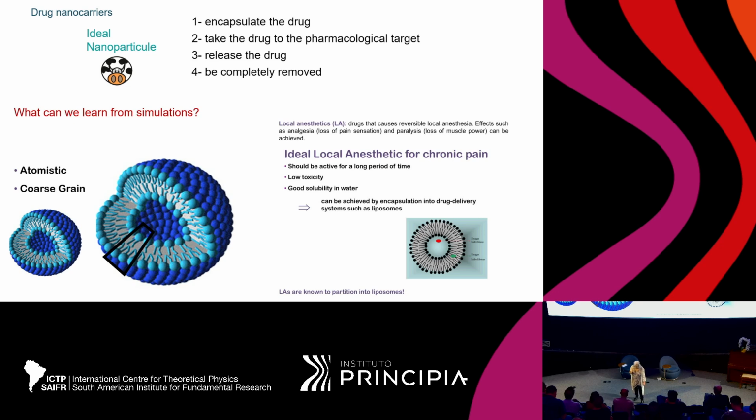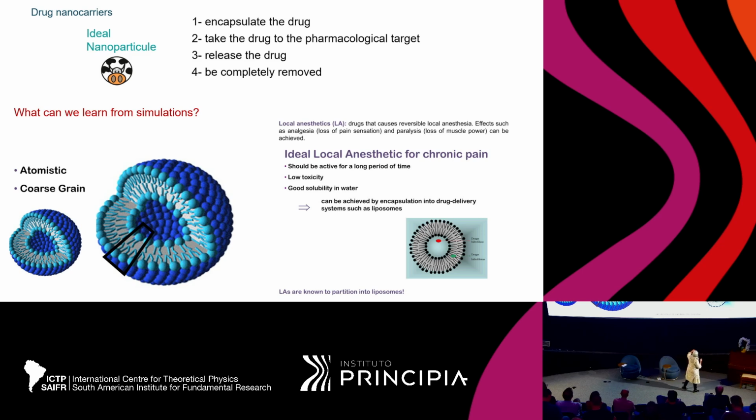So the local anesthetic, to treat chronic pain, should be active for a long period of time, should have low toxicity, and have good solubility in water. And this could be achieved using liposomes, for instance. Why?